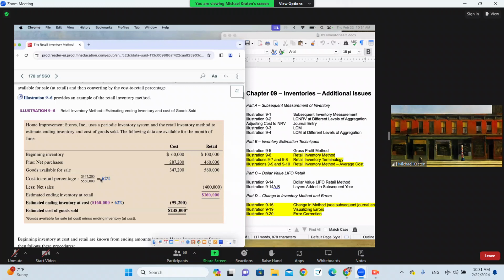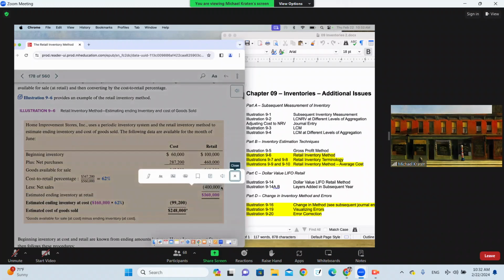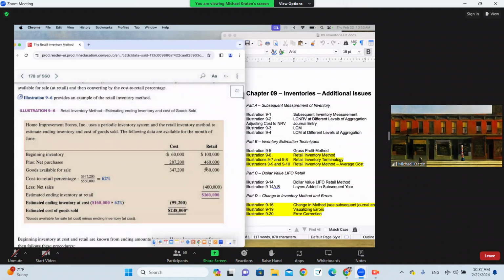Well, if at the end of the day you look in your cash register and say, how much stuff did my customers buy from me today? How much money did they pay me today to buy stuff from me? Oh, look, there's $400,000 in my cash register.